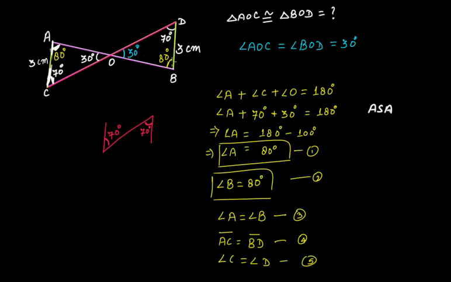This angle and this angle, this side, the including side. On the same side we have two angles that are equal. All three are equal, so three equal parts and three equal parts. ASA, the angle, side, angle congruence criterion, is being satisfied. Therefore, yes, triangle AOC is congruent to triangle BOD.